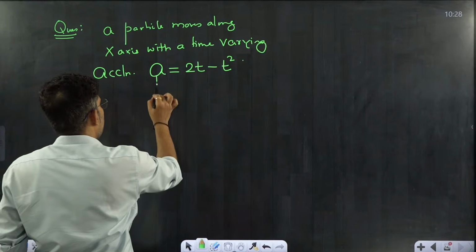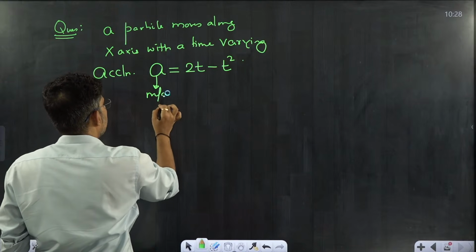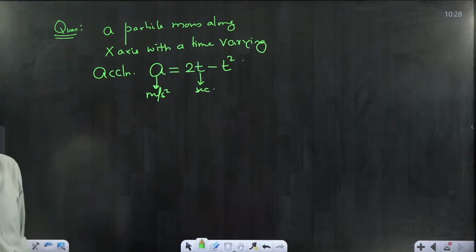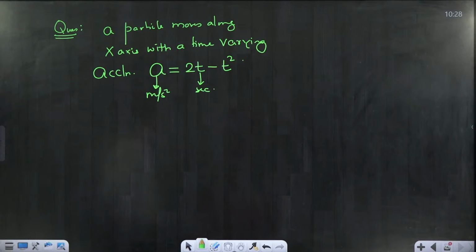We are taking acceleration in meters per second square and time in seconds. So it is moving with an acceleration which is varying with time.